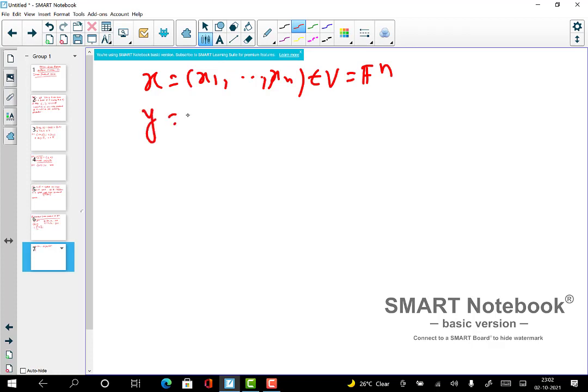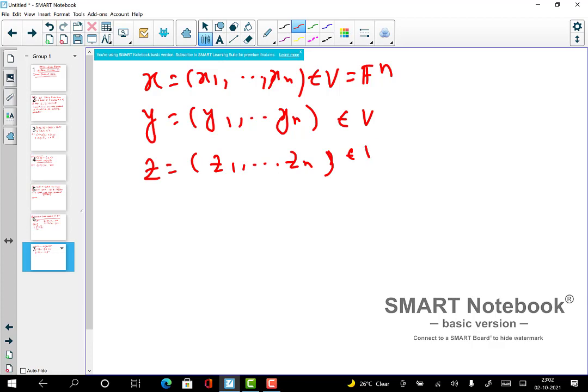Similarly, y is y1, ..., yn, and z is z1 to zn. These are all vectors inside V, and we can choose some scalar c belonging to F.